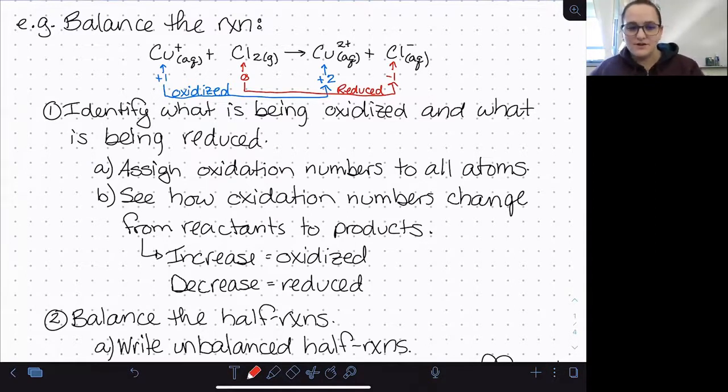If not, check your oxidation numbers. And from here, we can separate this out into our half reactions. Our half reactions are just what is being oxidized and what it turns into, so Cu+ becomes Cu2+ is one of them. And then what is being reduced and what it turns into, so Cl2 to Cl- is our other one.